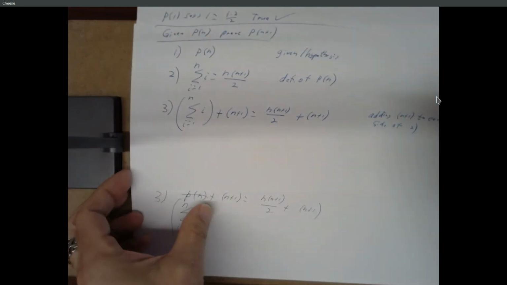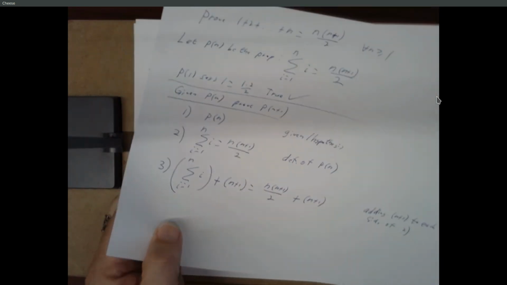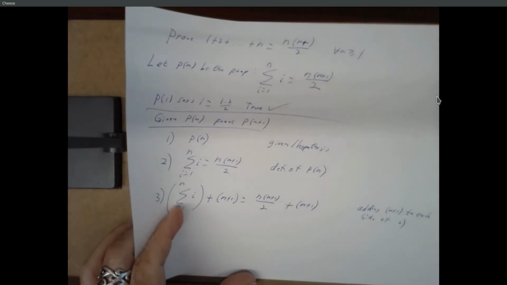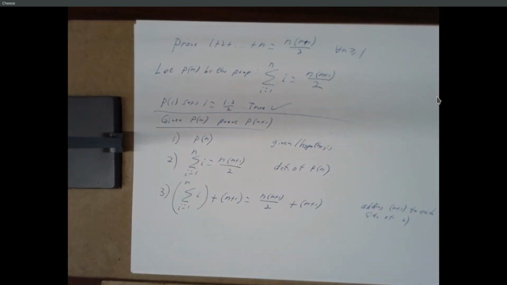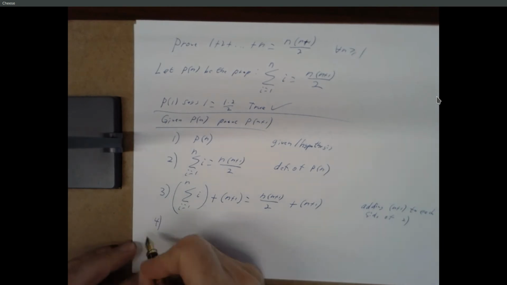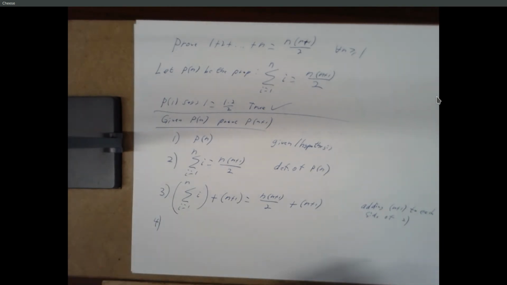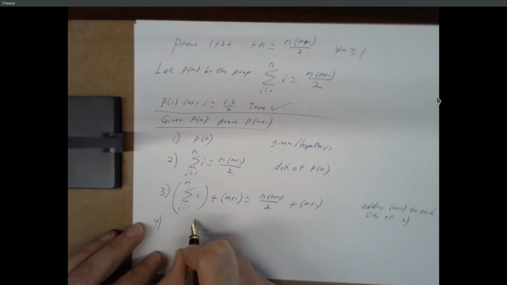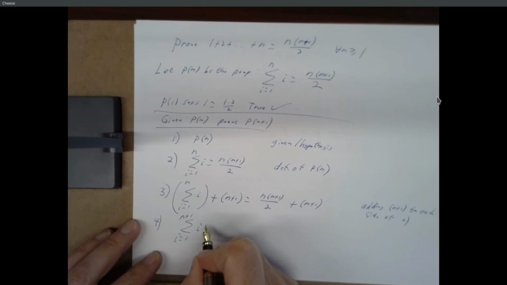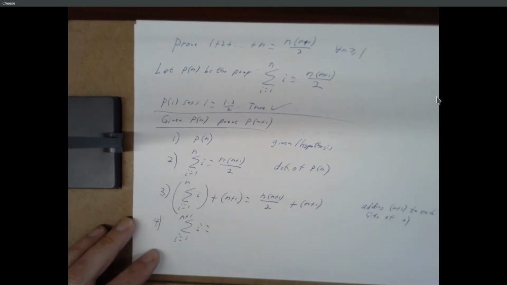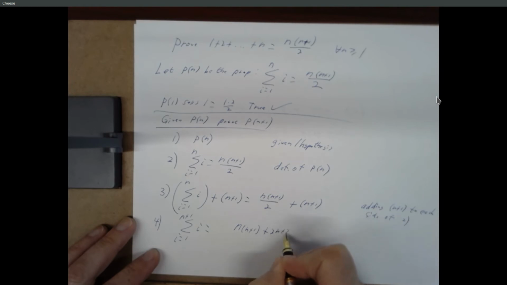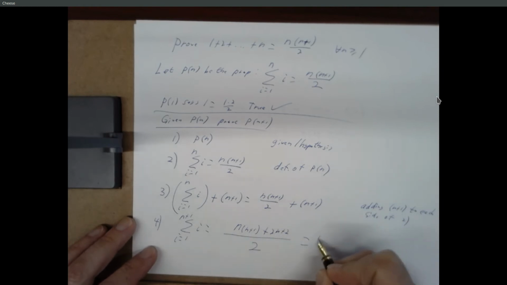And that was the only real issue I saw in the proofs where I saw issues: the formulating of this notion. Once you get to here, then you do the algebra, which everybody seemed to know how to do. This left side can be written as the sum from i equals 1 to n plus 1 of i. And this right side, you go ahead and do your gymnastics.